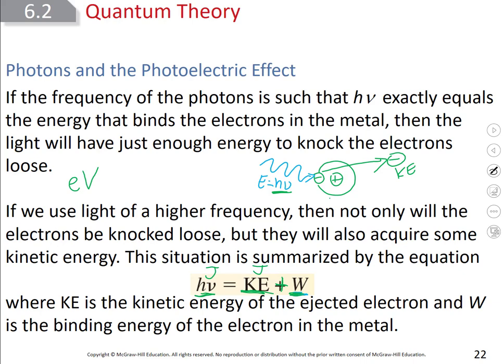Anybody remember what it was, right off the top of your head? Should it be a really big number or a really small number? Really tiny number. So that's what we're going to use to convert between electron volts and joules: that number from R.A. Millikan's oil drop experiment, the charge of an electron.